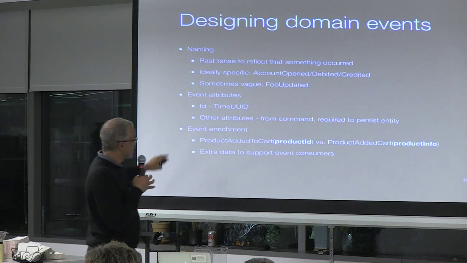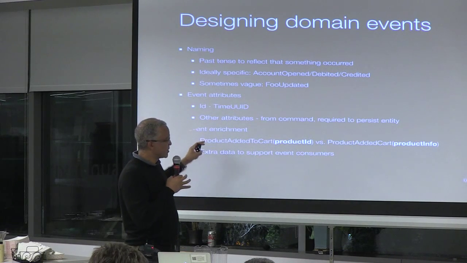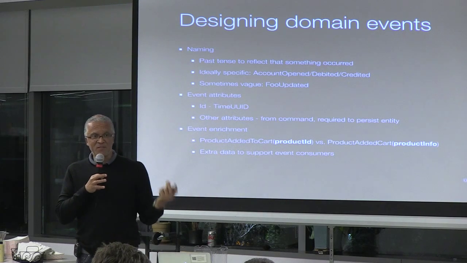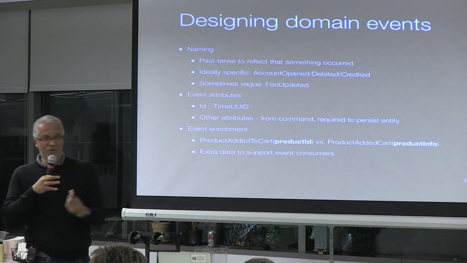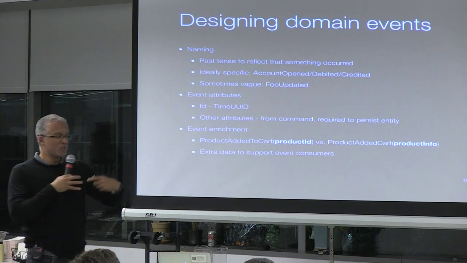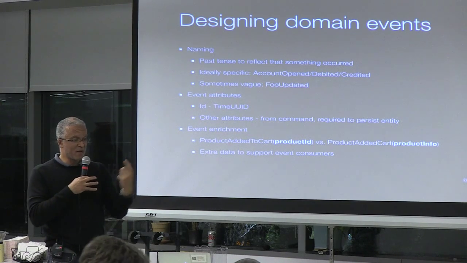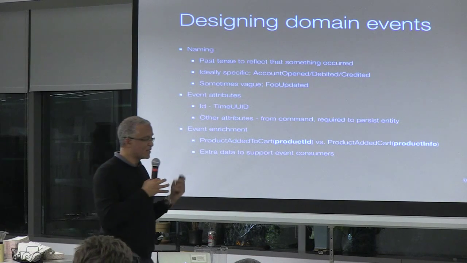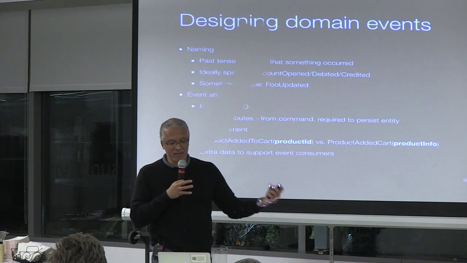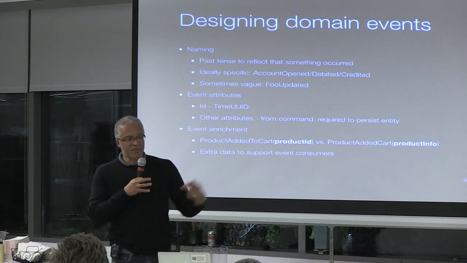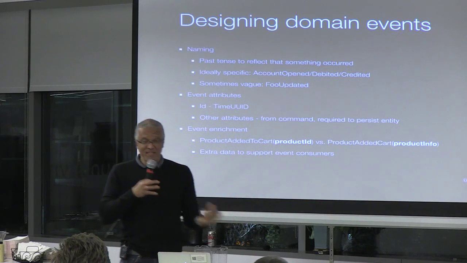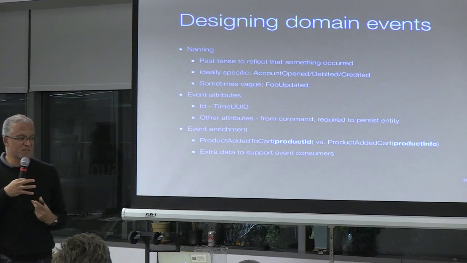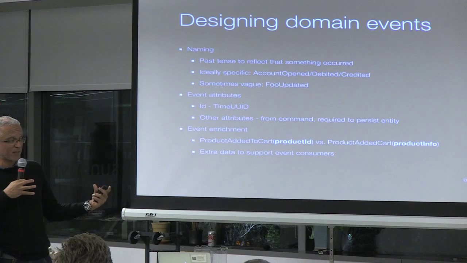And then there's also the idea of event enrichment, where not only do you have the attributes that are necessary to update the state, but you also throw in some extra data that is useful to consumers elsewhere in the system. So when you add a product to a shopping cart, instead of just having the product ID, you'd actually have the product info, because the downstream consumers need it.